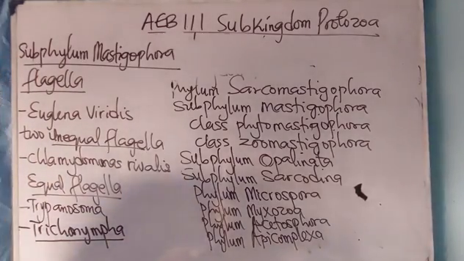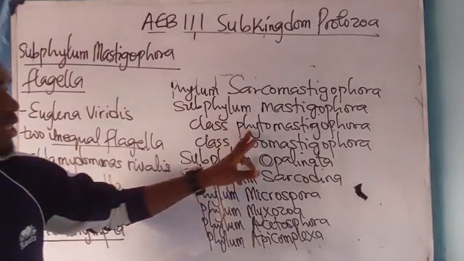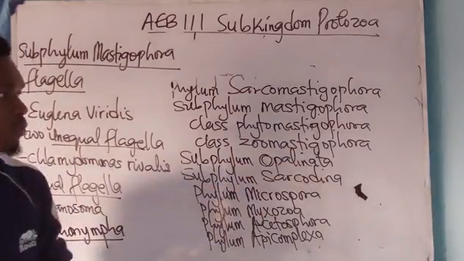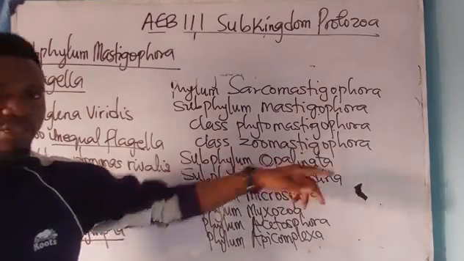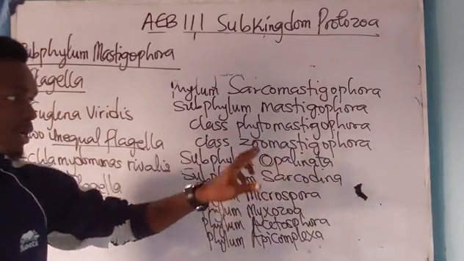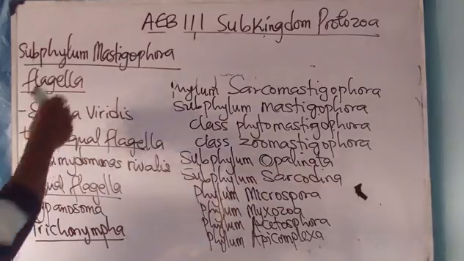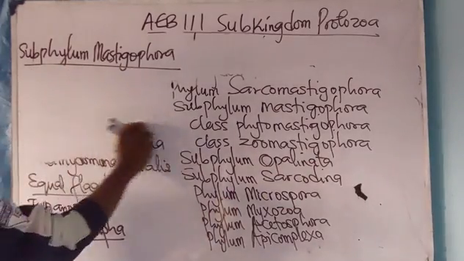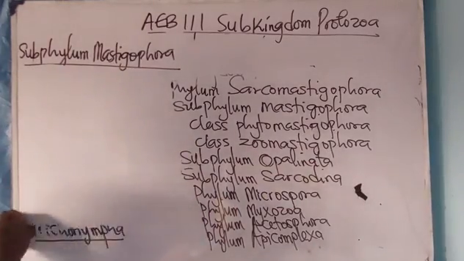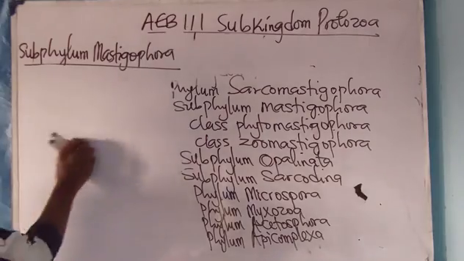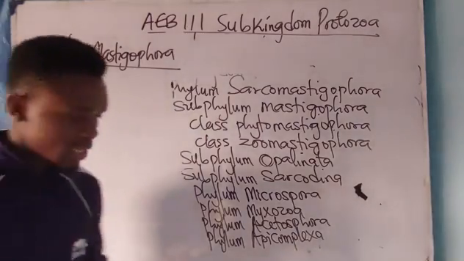Then the next ones are the Phytomastigophora and the Zoomastigophora. Phytomastigophora, as the name implies, phyto, is just like saying algae.